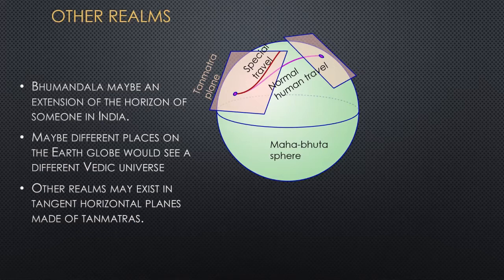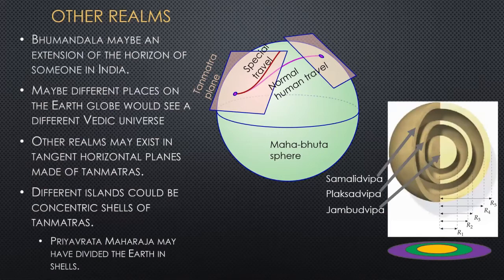There's another possibility of understanding the different islands of Bhumandala, and that is concentric shells. Maybe Maharaj Priyavrata in the Srimad Bhagavatam, who is said to have divided the earth into these different islands, divided them in different shells, and what we see is just the innermost shell, and not the outer ones, which are made of tanmatric substance.